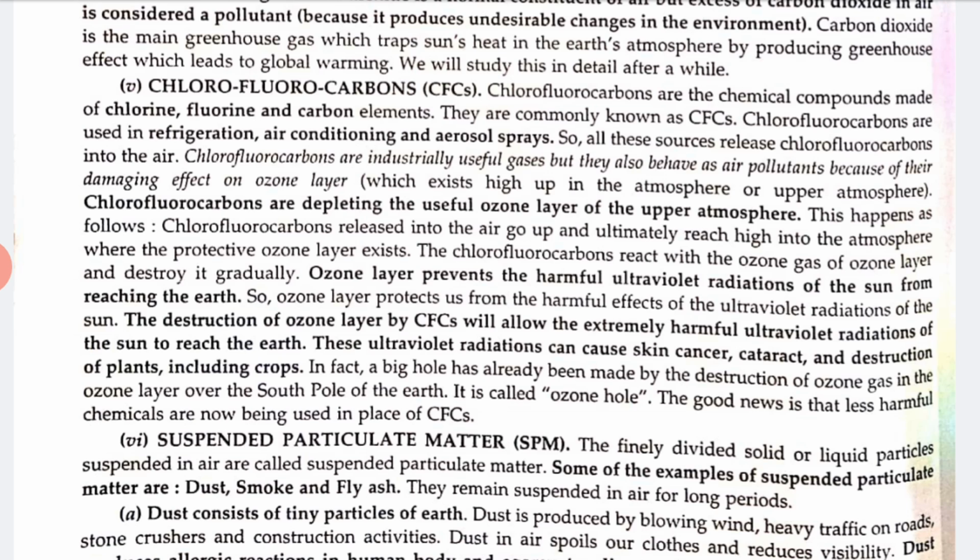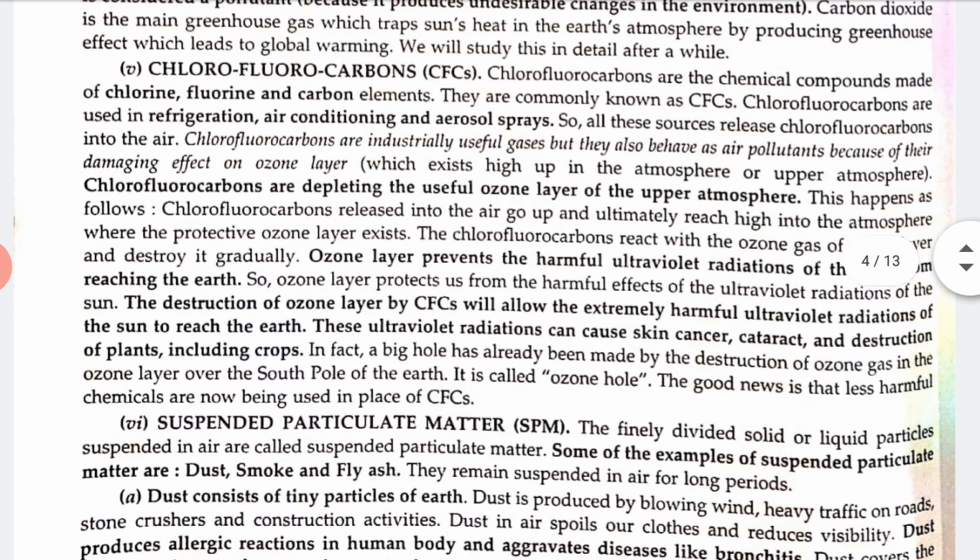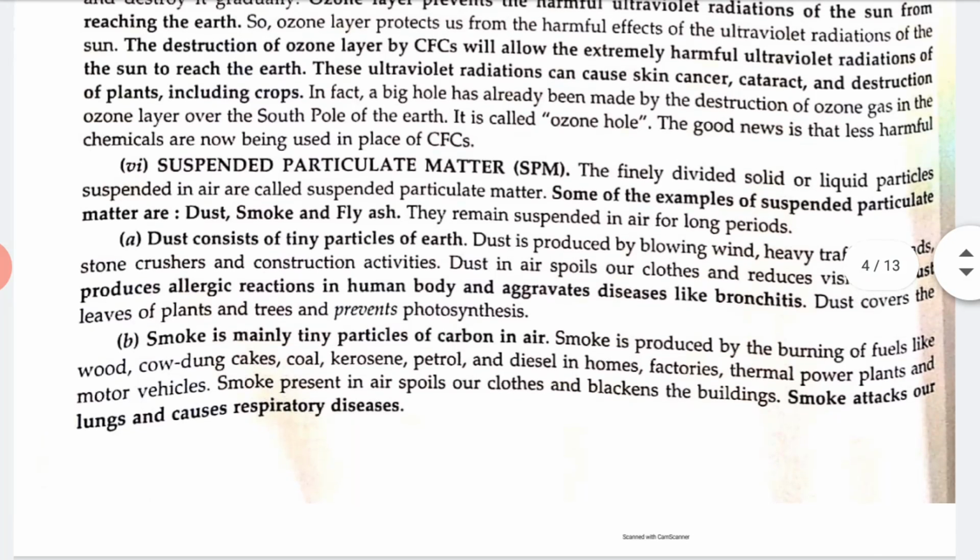Now next is suspended particulate matter, that is called SPM. The finely divided solid or liquid particles that are suspended in air are called suspended particulate matter. Some examples of suspended particulate matter are dust, smoke, and fly ash.